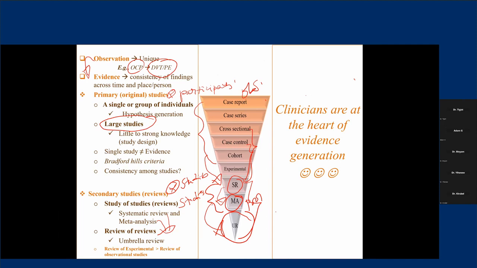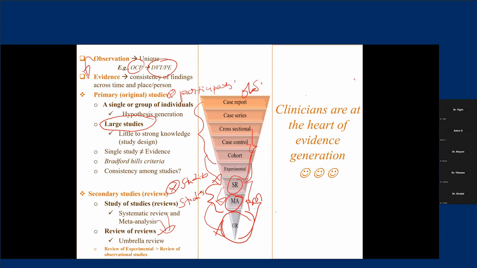I mean, when we're talking about clinical research, right? For those of you who are leaders in another form of research, like quality improvement research, yes, there is a place, but when we talk about clinical research, whether you are a researcher or not, clinicians are the ones who make the observation and report that it's unique.